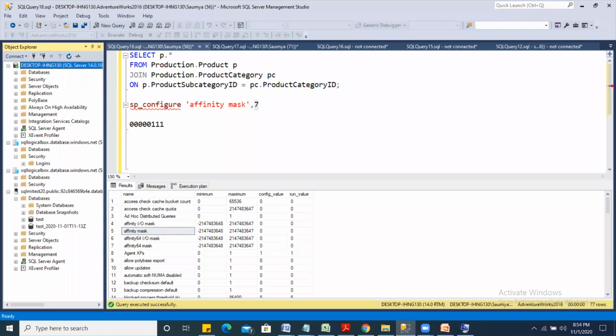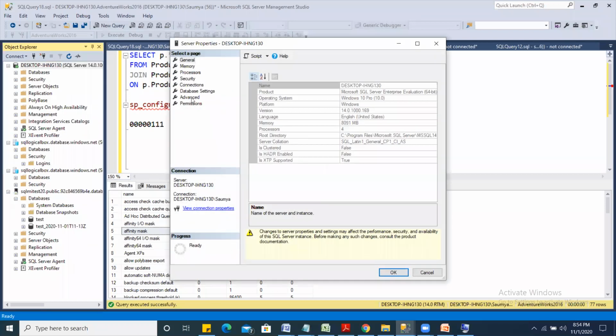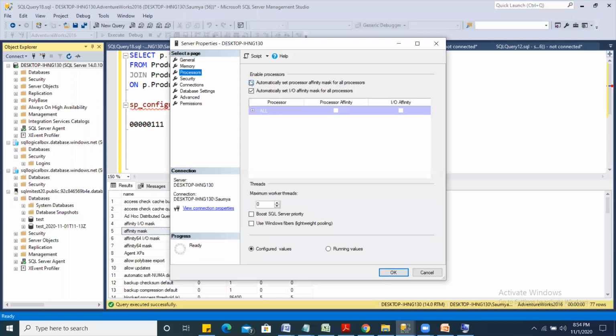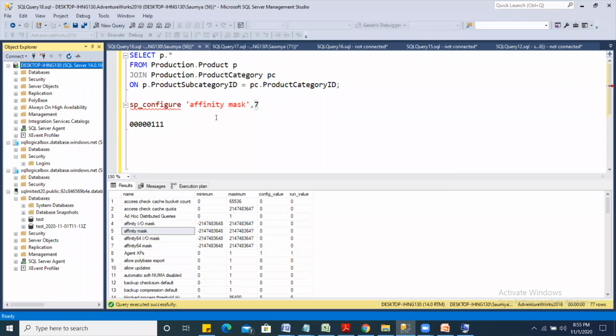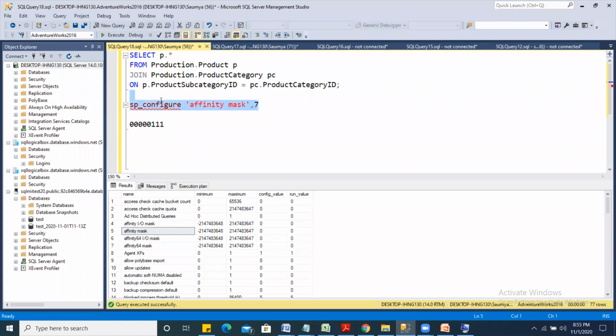Under processors it is set to automatic, everything is blank here, so we haven't affinitized anything. We leave it to automatic. Now when I execute this, 3 processors will be assigned to SQL Server for processing tasks. So let's execute it.